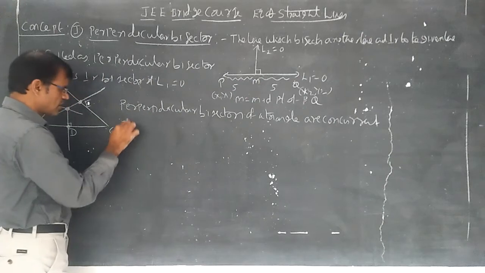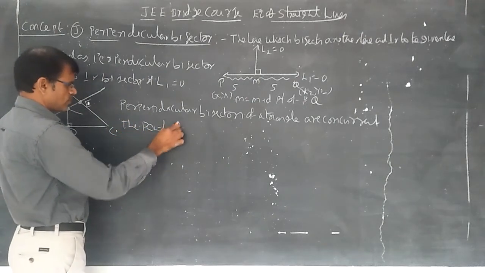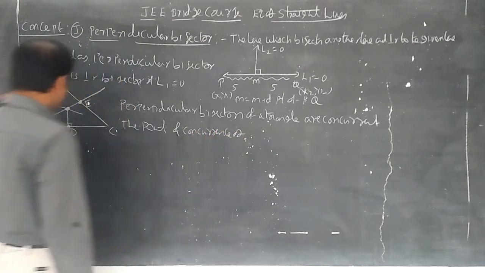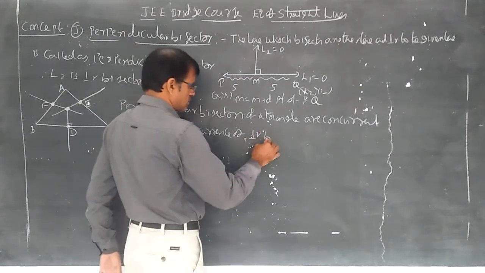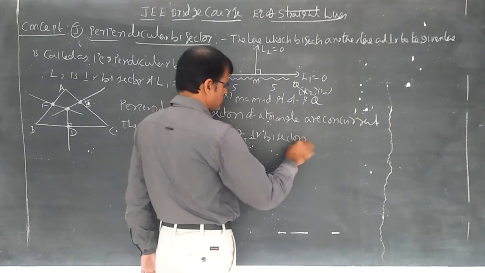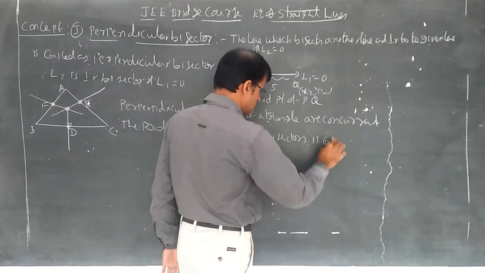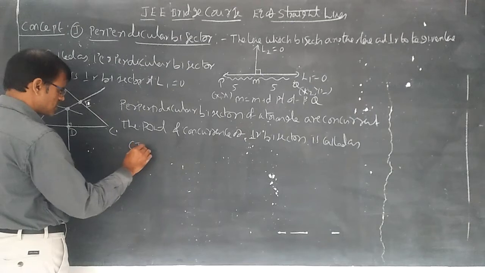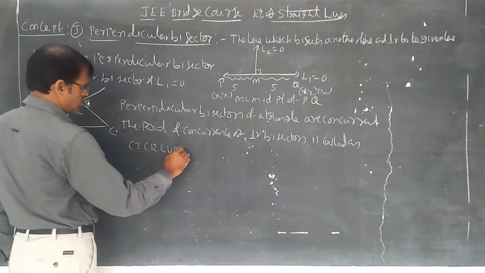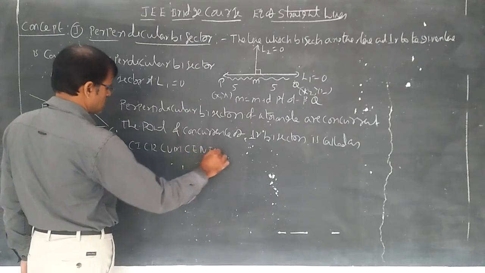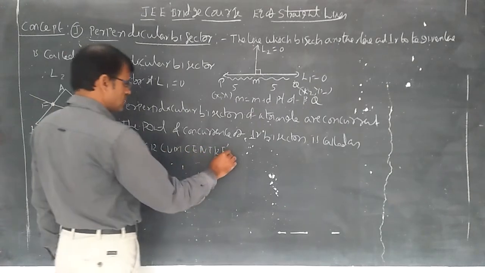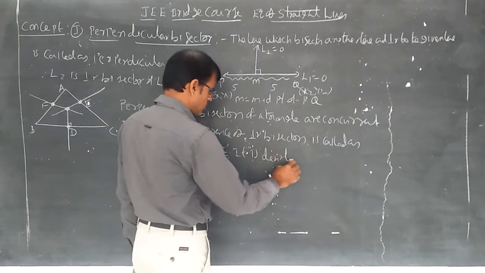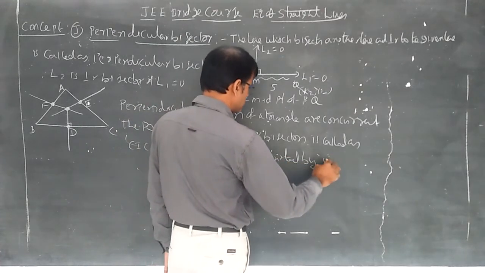The point of concurrence of perpendicular bisectors is called the circumcenter.